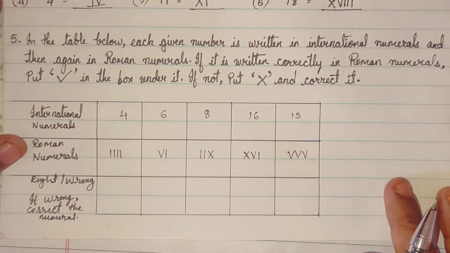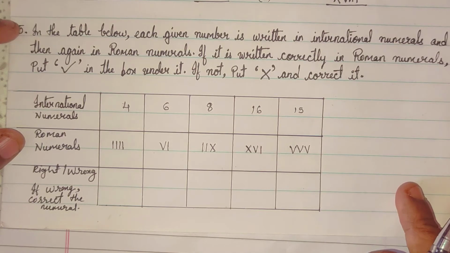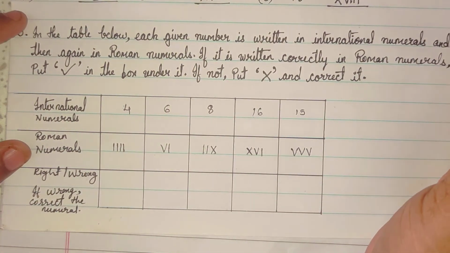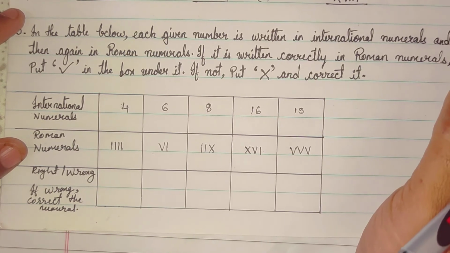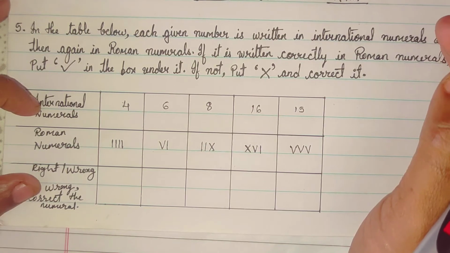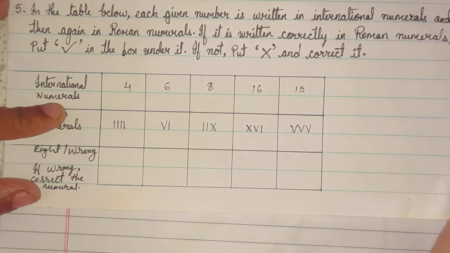In the table below, each given number is written in international numerals and then again in Roman numerals. If it is written correctly in Roman numerals, put a tick mark in the box under it. If not, put a cross and correct it. Okay.